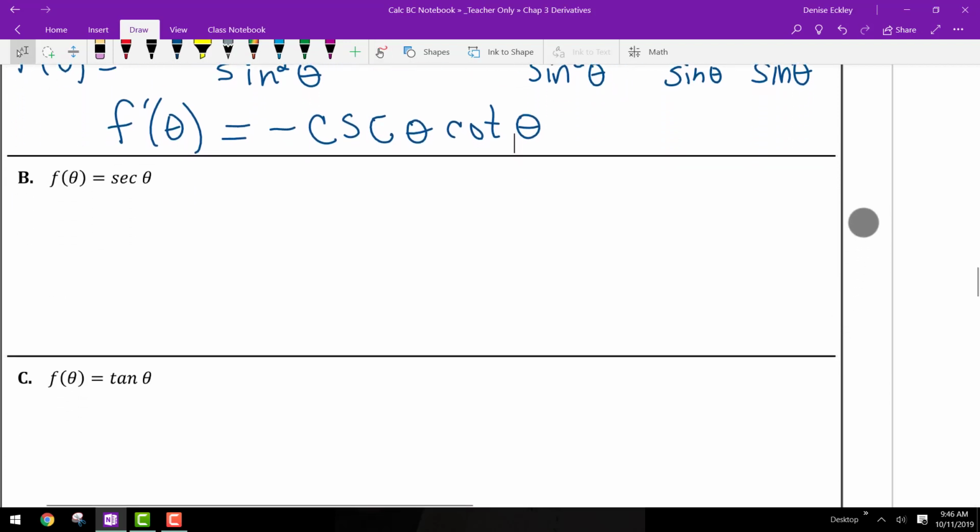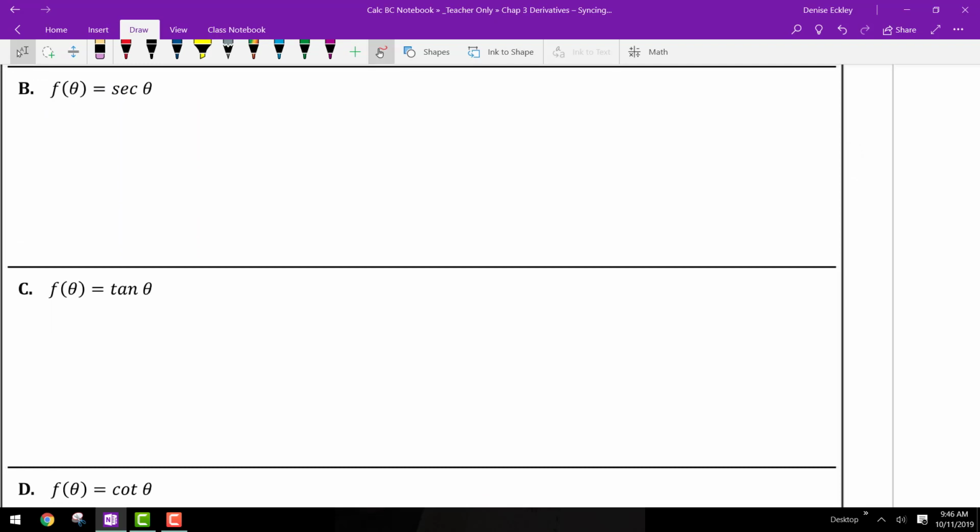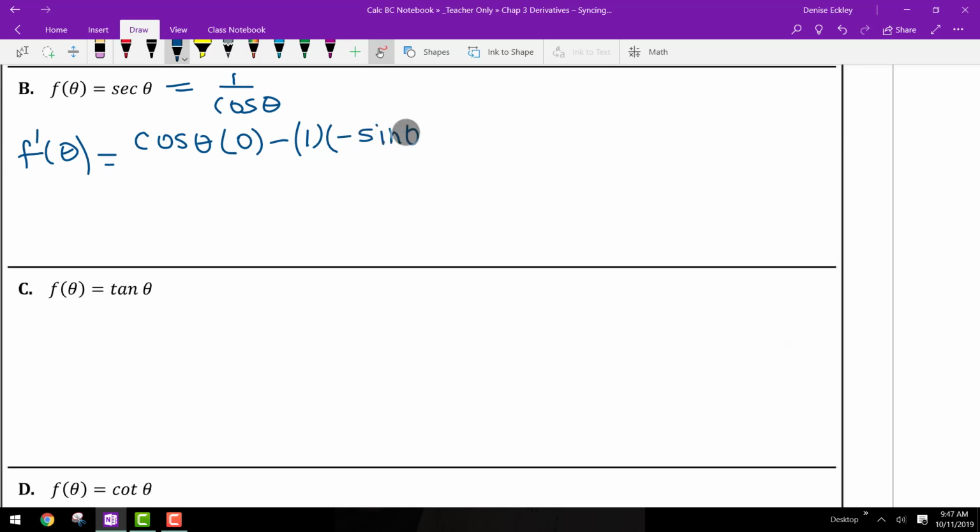Next, we're going to do secant in the same fashion. So we're going to start by rewriting secant as 1 over cosine theta. So our derivative of f of theta is going to be our denominator times the derivative of the numerator, which is again a constant, so it'll be 0, minus the numerator, which is 1, times the derivative of the denominator, which is going to be minus sine theta.